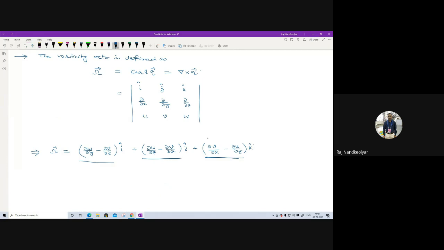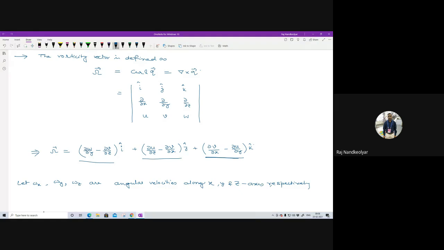So let us simplify things. Let omega x, omega y, omega z be the angular velocities along the x, y and z axes respectively.